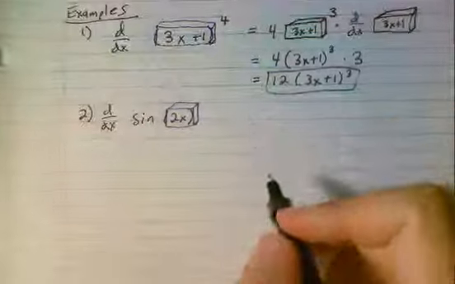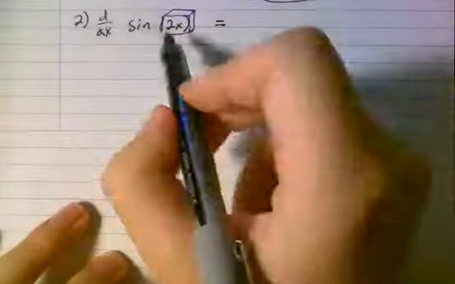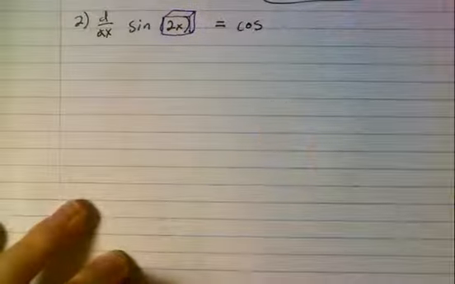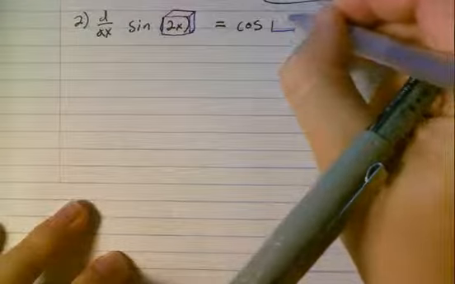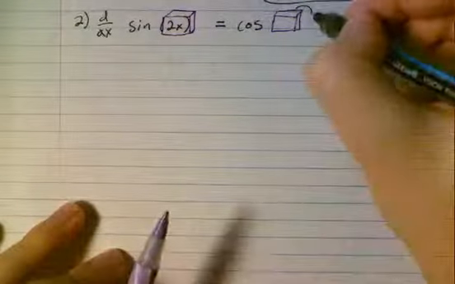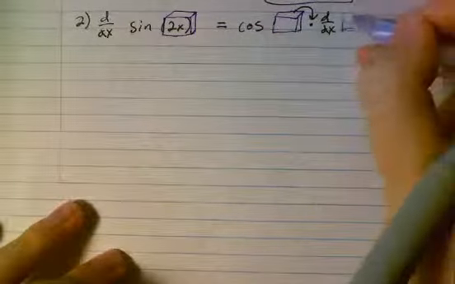And so that means that we're going to take the derivative of the sine, which is cosine, of whatever's in the box, and then we're going to have to take the derivative of whatever's in the box.